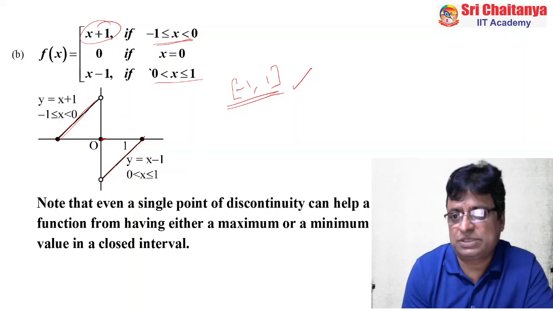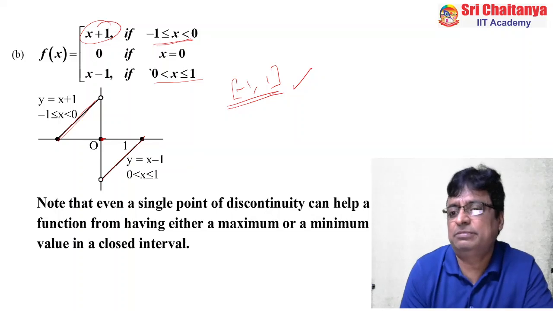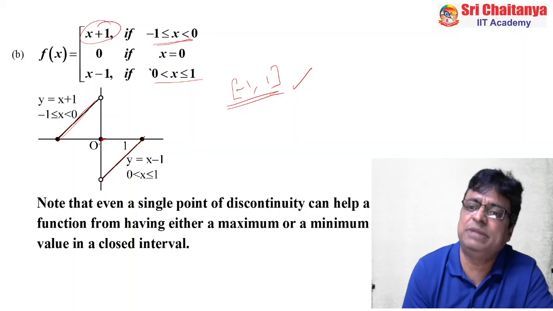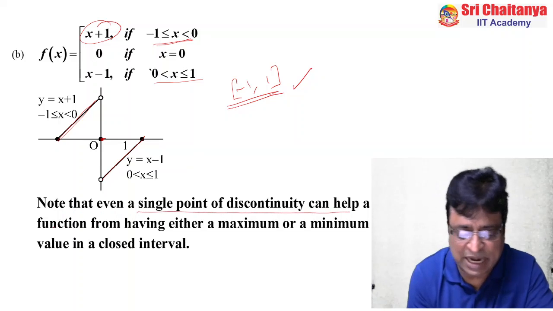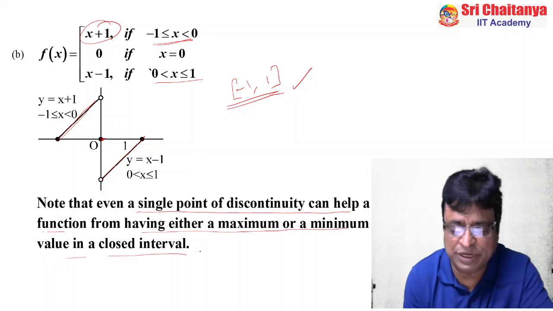It is not continuous, but though it is not continuous, it has maxima and minima. At x equal to 0, obviously it has a maximum and a minimum. Note that even a single point of discontinuity can stop a function from having either a maxima or minima value in a closed interval.